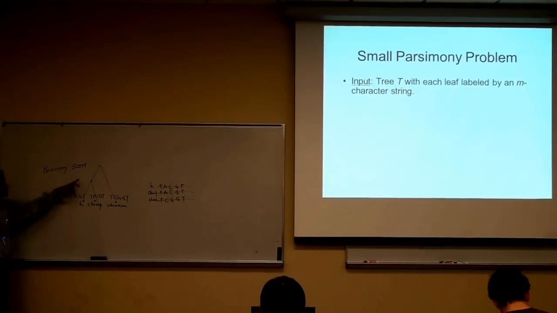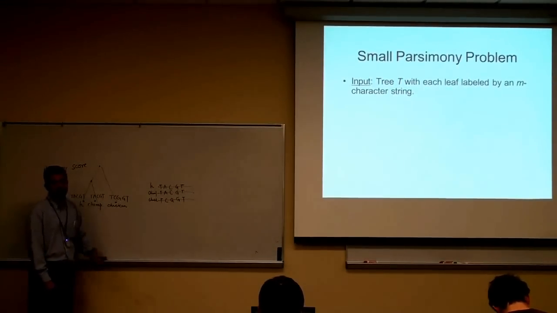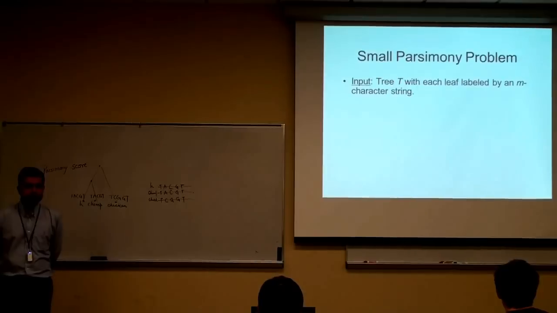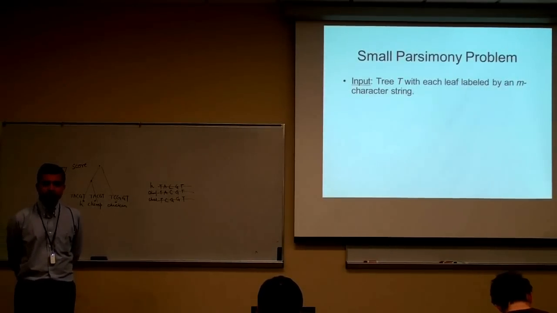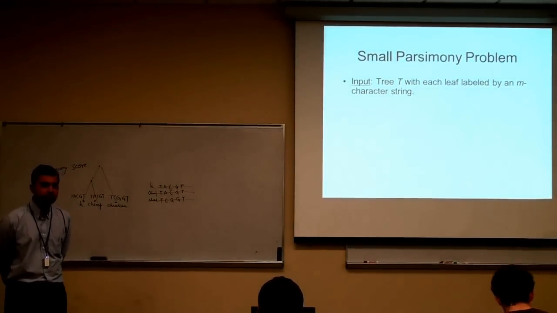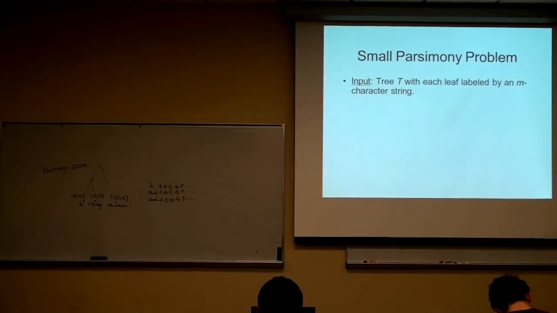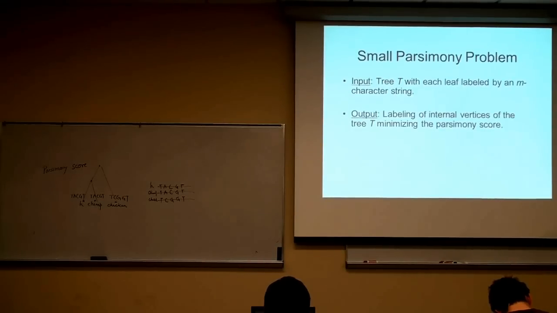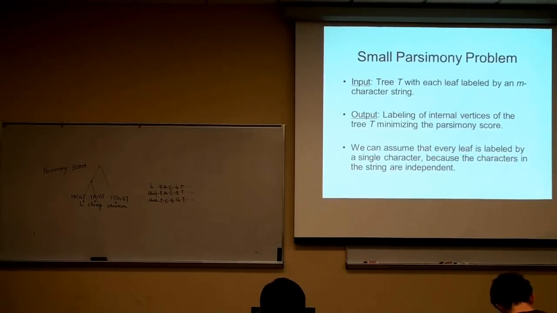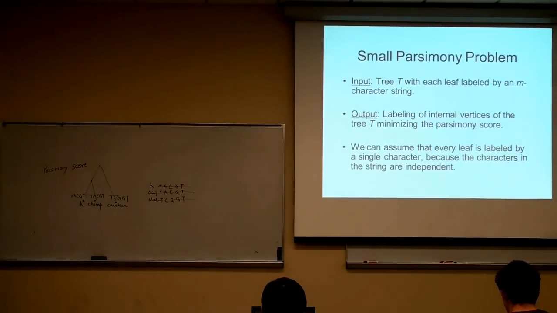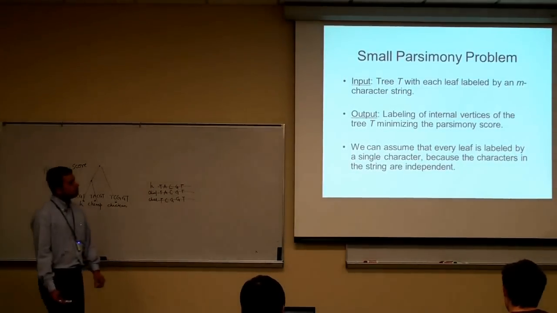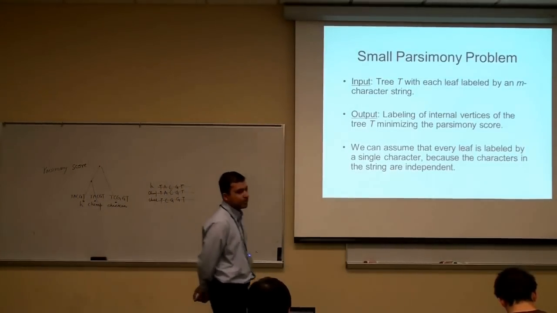And you have to guess the internal node sequences. So you're given a tree T with each leaf labeled by an M character string, in this case a 5 character string, and you must label the internal vertices of this tree, minimizing the parsimony score. That's the small parsimony problem.